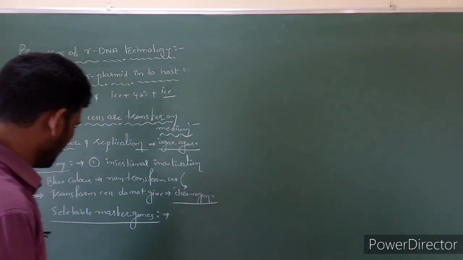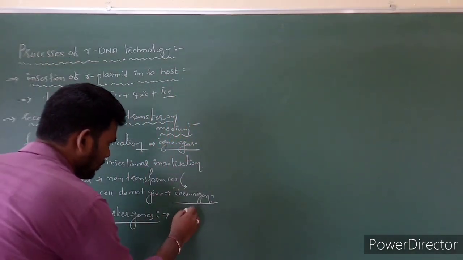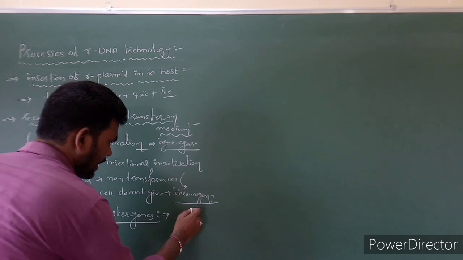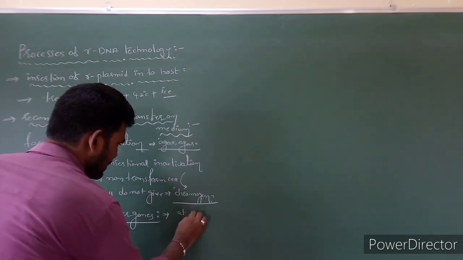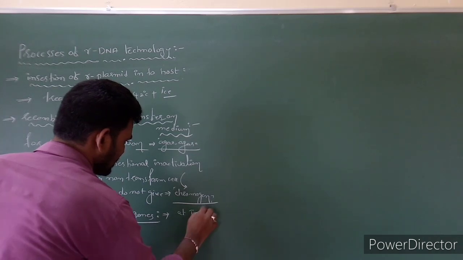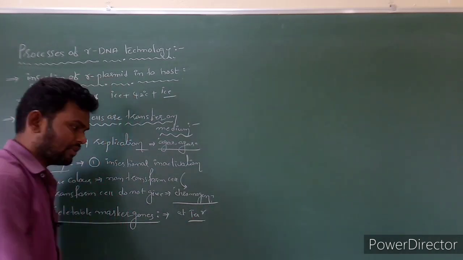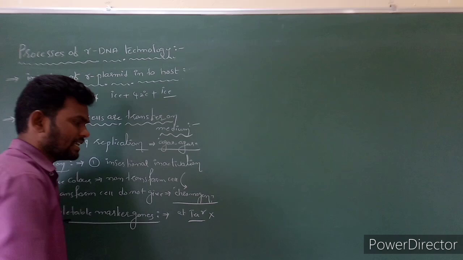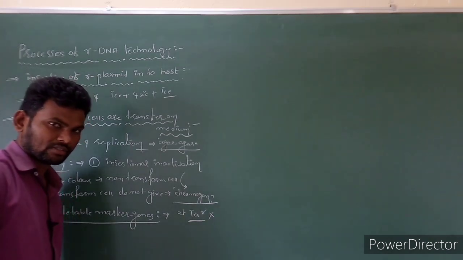Write only one line. Here the recombinant DNA or desired gene we already inserted at the tetracycline resistant site. So for that it is going to lose the tetracycline resistant capacity.